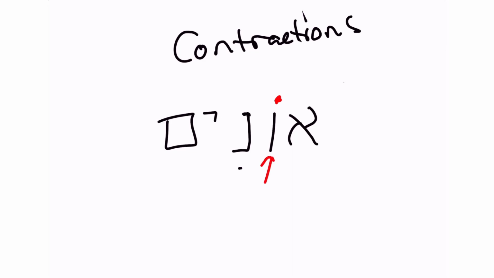This vav was probably originally pronounced like a W, so instead of avé, it was probably awe, o. So avé will contract to o.